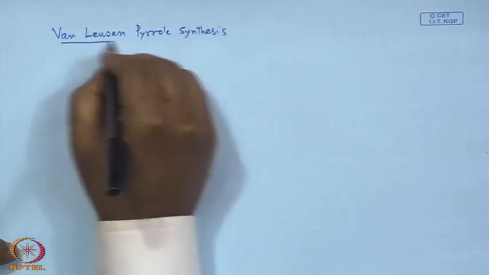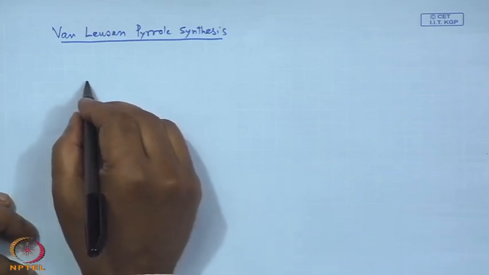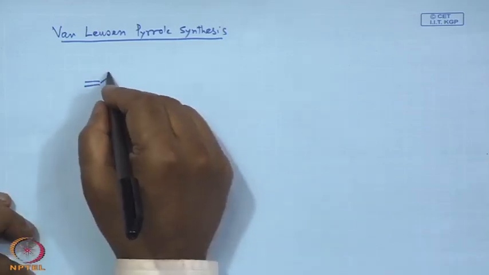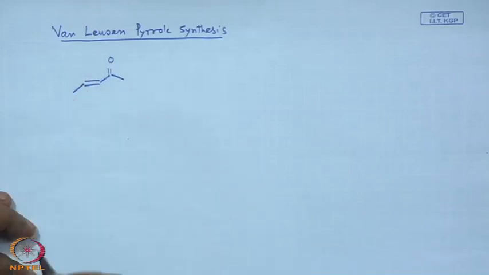This is very similar though. It is again the mode is 3+2. And very similar, like the previous one, what you need is an activated double bond. So it has to be alpha, beta unsaturated, something like this, right.